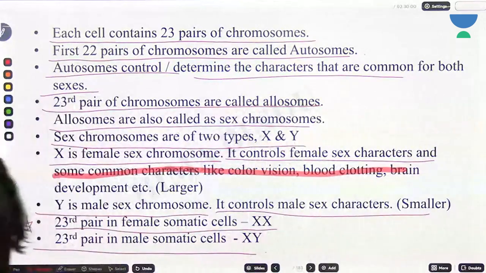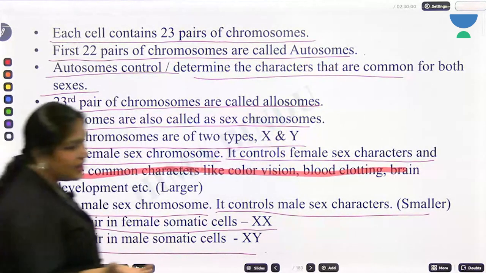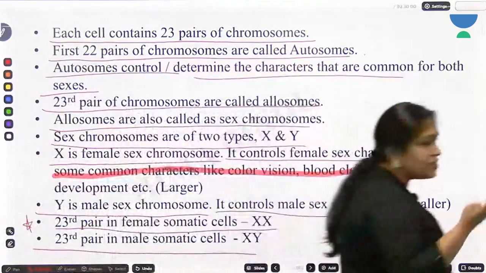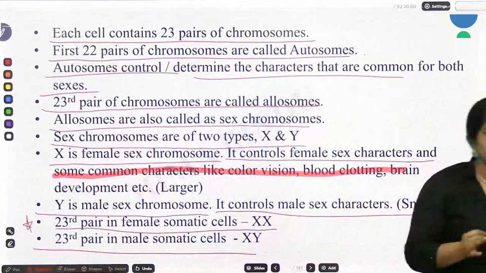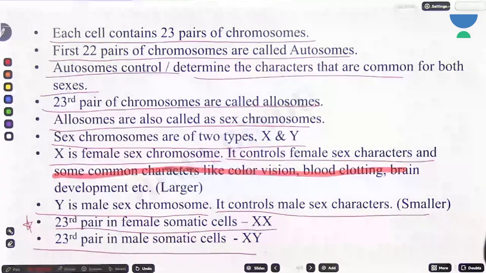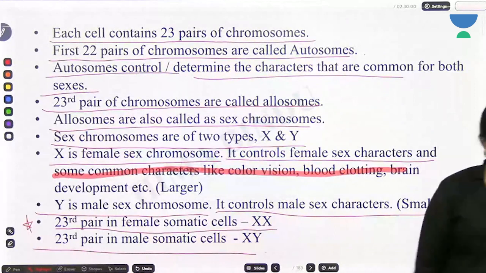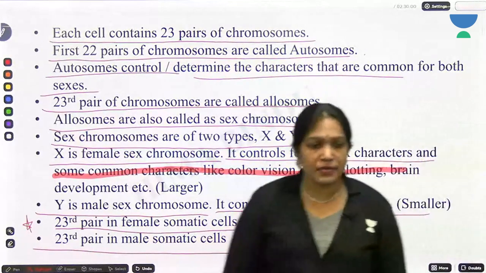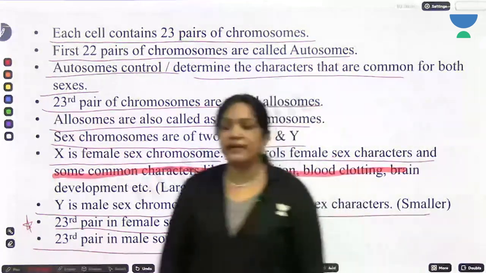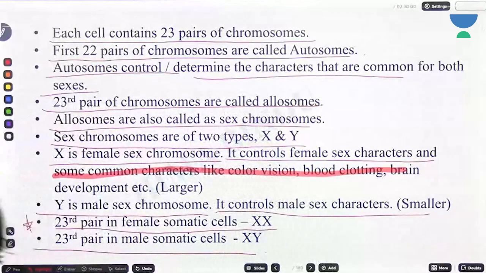So it means the Y chromosome is purely a male sex chromosome, whereas the X chromosome is a female sex chromosome plus it will also control some common characteristics like color vision, blood clotting, brain development, etc. So now you tell me, do males need the X chromosome or not? Because they also need brain development, they also need blood clotting, they also need to see the colors.